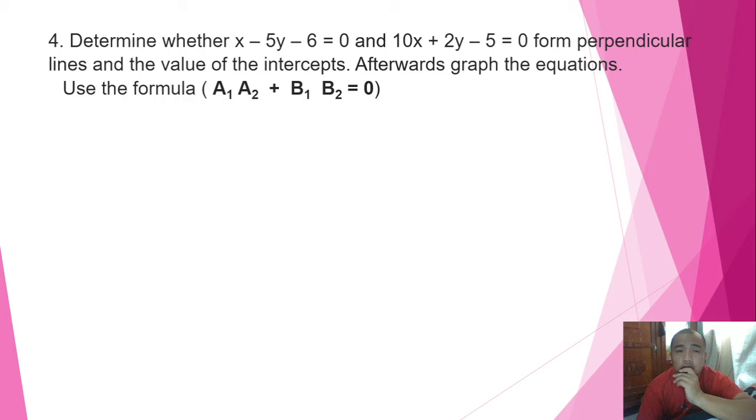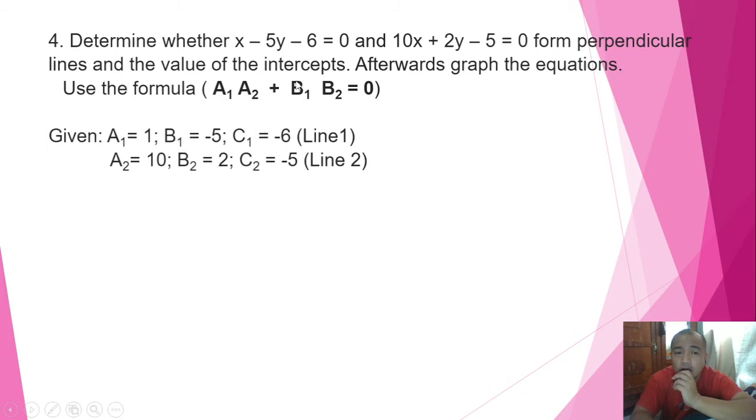To determine if two lines are perpendicular, you have to simply solve their slopes. If the product of their slope is negative 1, then they are perpendicular. But there's another method using this formula: A sub 1 times A sub 2 plus B sub 1 times B sub 2 should be equal to 0.